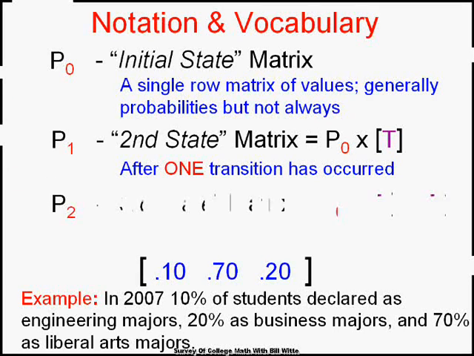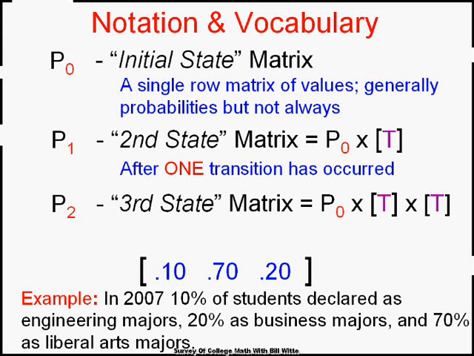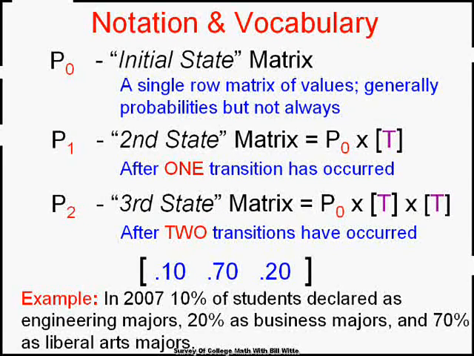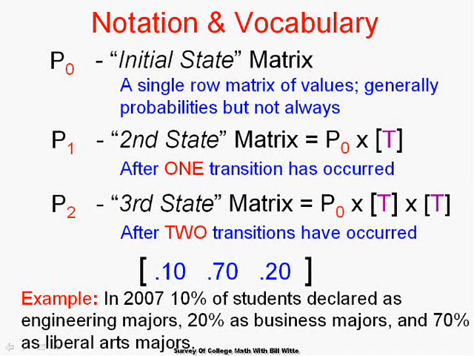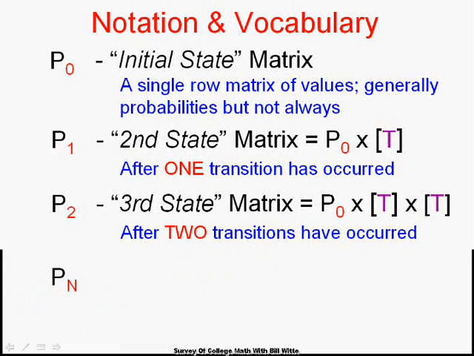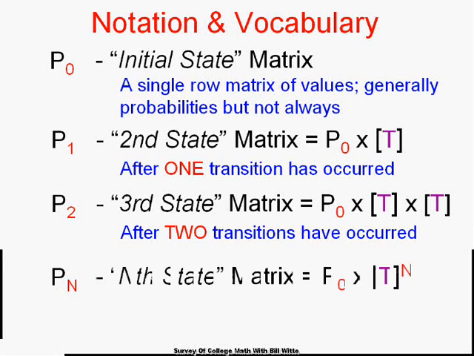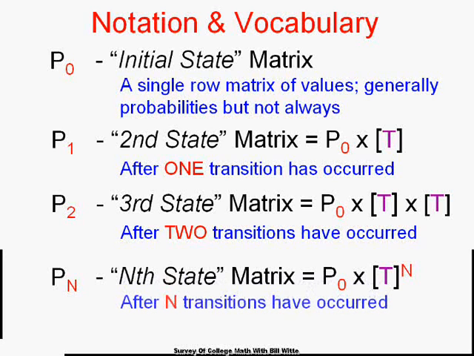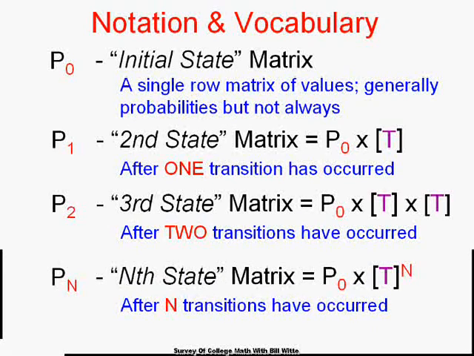P2, of course, would be a third state, and it would be your initial state, P0, times the transition matrix, times the transition matrix again, so the transition matrix twice, basically, after two transitions. Get the idea? If you do, then I hope you've figured out that P sub n is the nth state. It's after n transitions have occurred, isn't it?